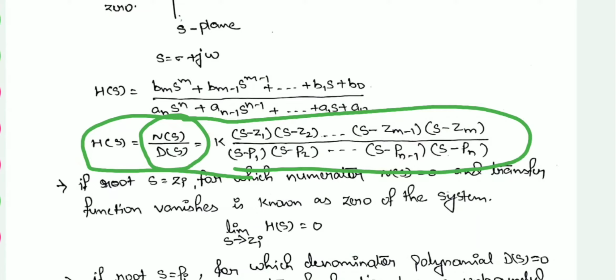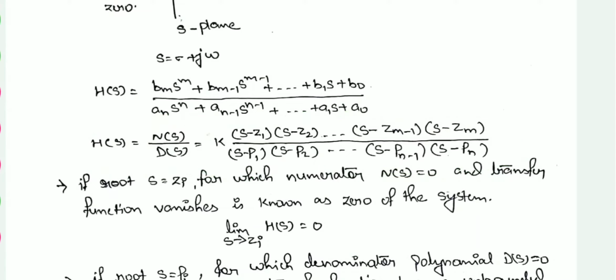From the above polynomial equation, we know that the maximum power in the numerator is m, and in the denominator the maximum power is n. And from the polynomial we know that the maximum power represents the number of roots of this polynomial.